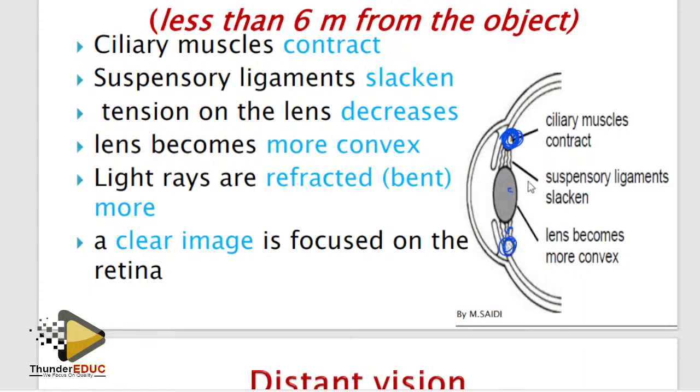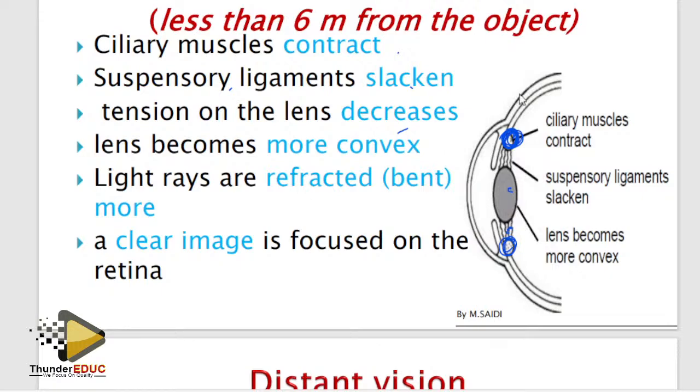Simple. Ciliary muscles contract, suspensory ligament slackens. Slacken means they relax, but don't say relax, say slacken. The tension on the lens decreases, then the lens becomes more convex. It becomes more thick, and then light rays are bent more, and a clear image is focused on the retina.